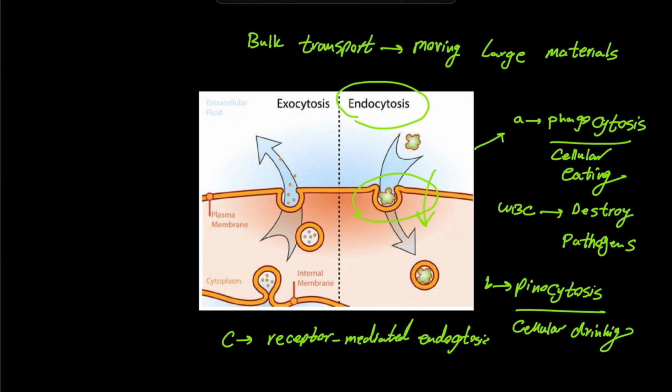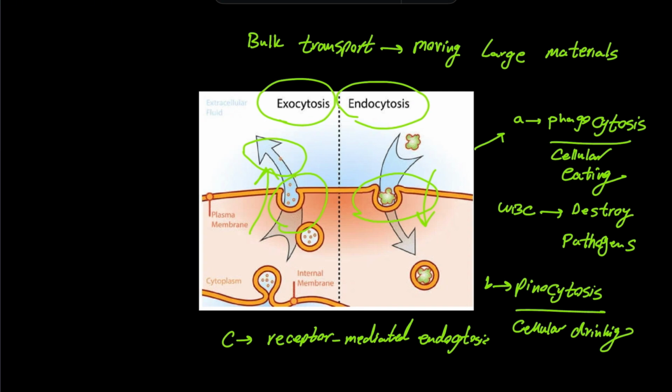The opposite process is exocytosis. A vesicle inside the cell moves to the plasma membrane, fuses with it, and releases its contents outside the cell.